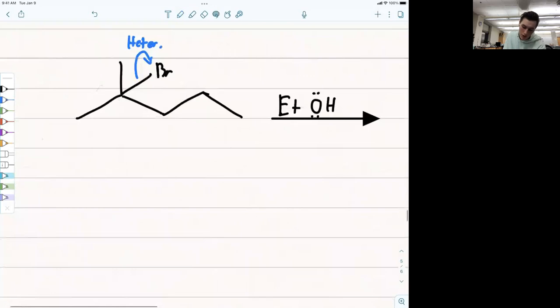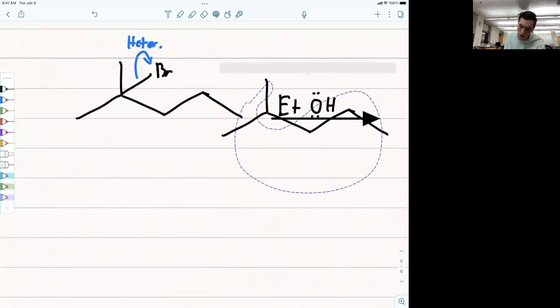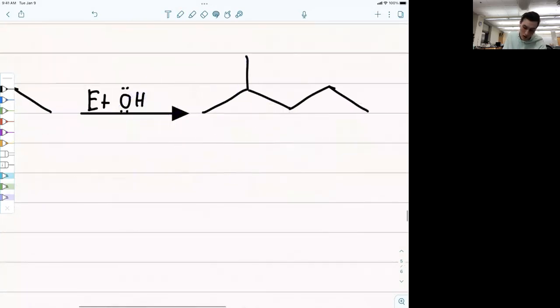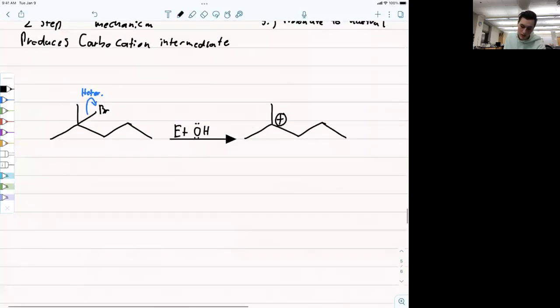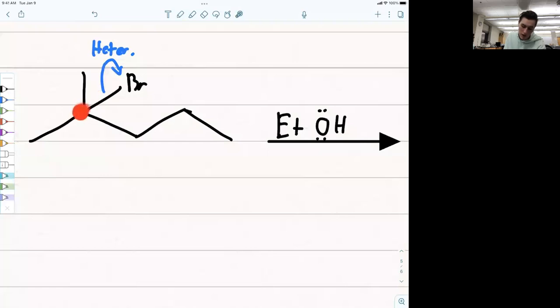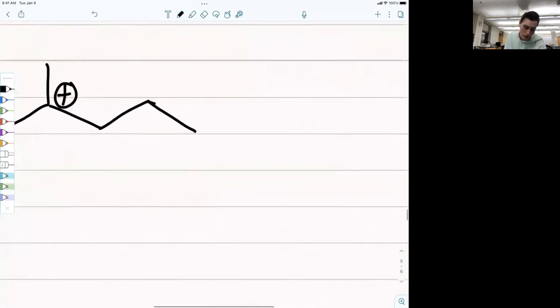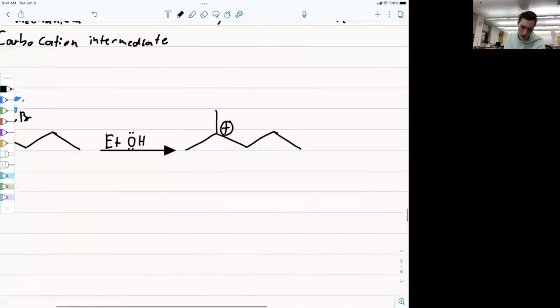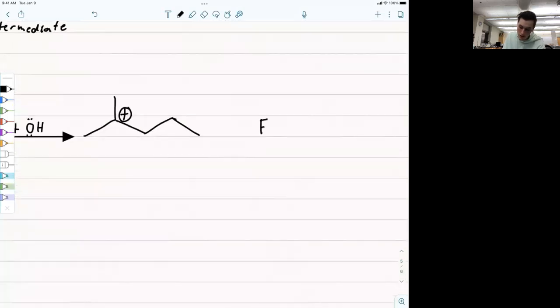And then what will happen is I have a carbocation intermediate, and that's because this had 4 bonds and now it only has 3. Next, I'm getting my EtOH. And I'll draw this out. It's just this.